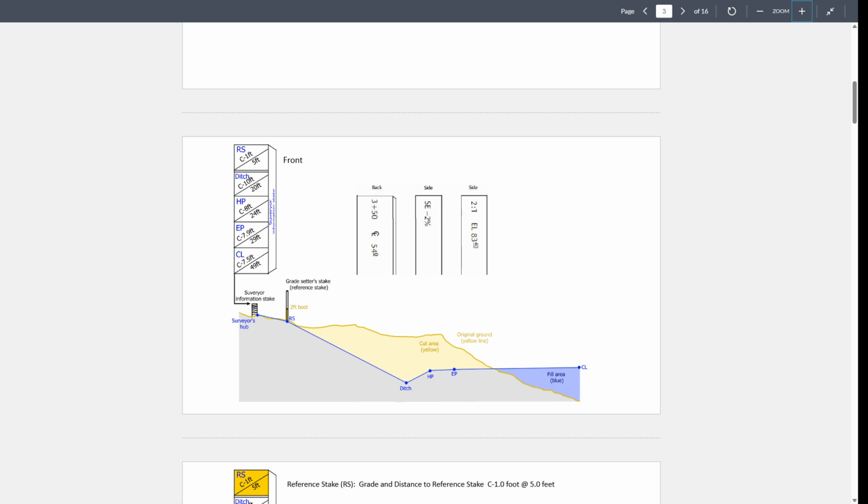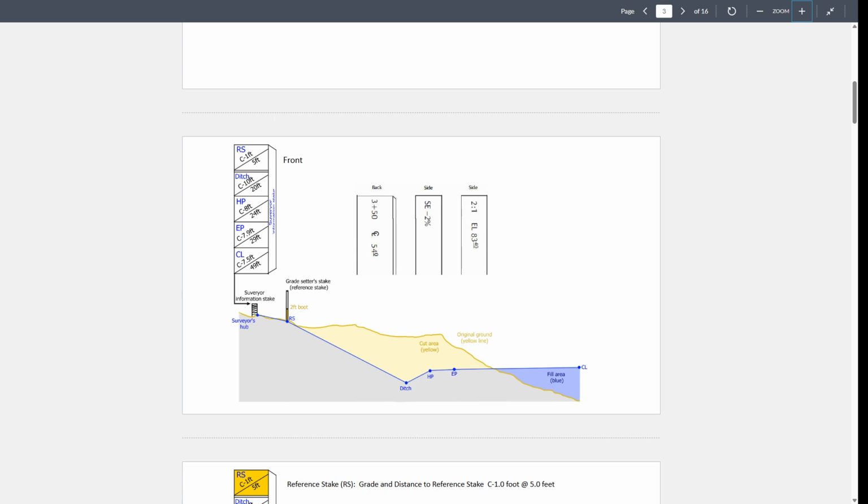Let's find out. 7.9 minus 7.5. I'm going to do it on the calculator. Well, 0.4. We're 0.4 higher than the edge of pavement.